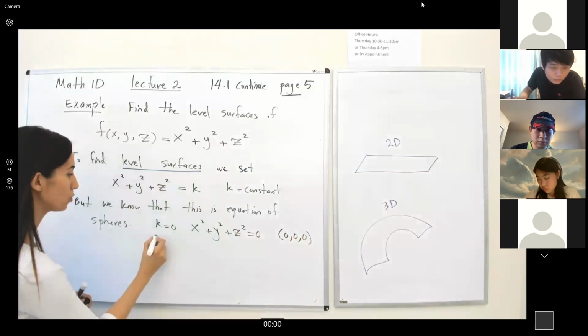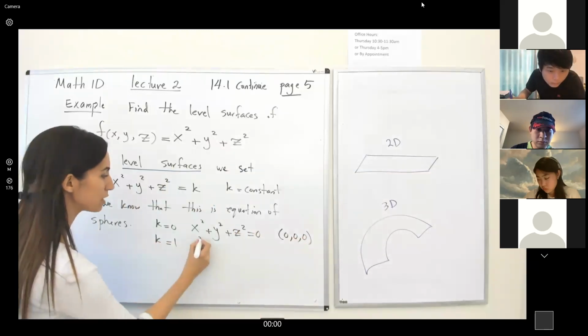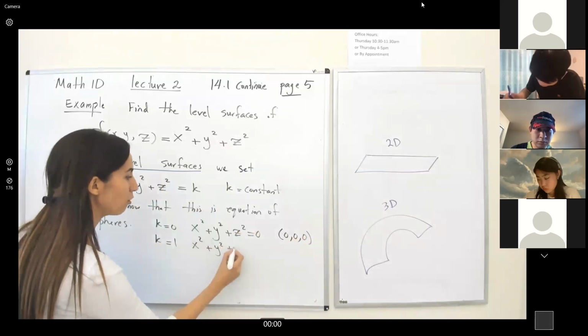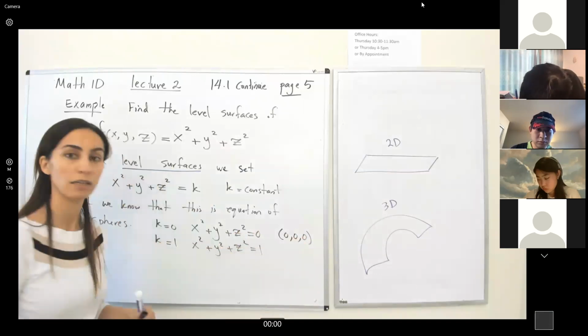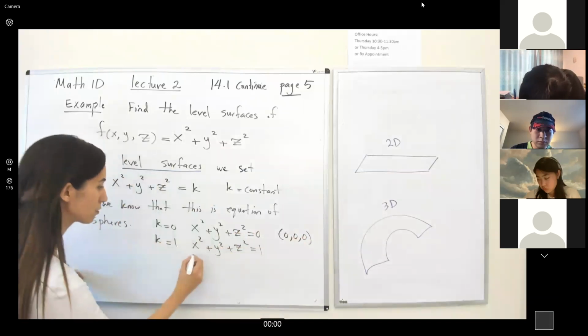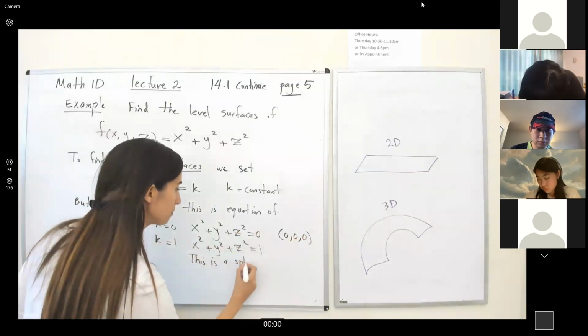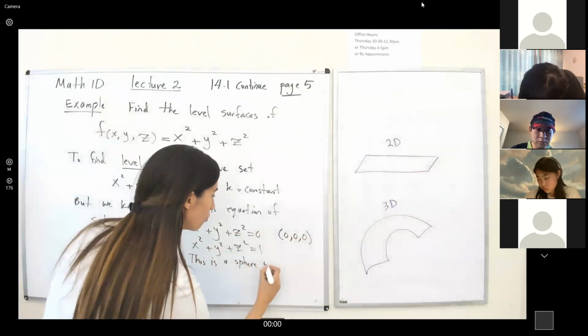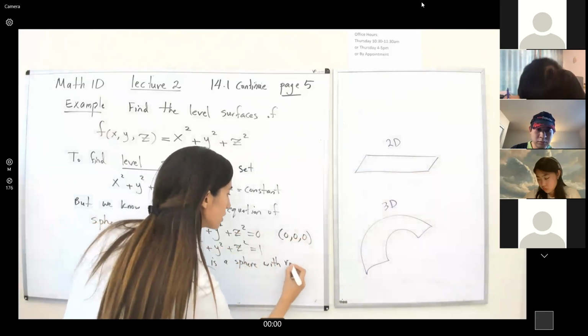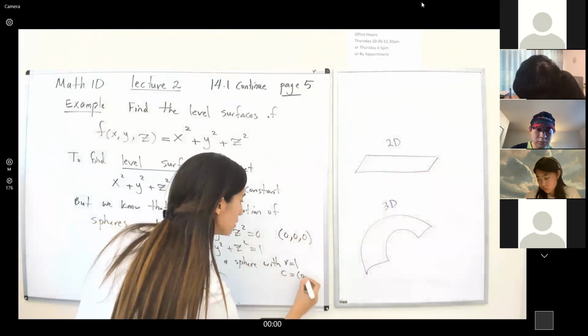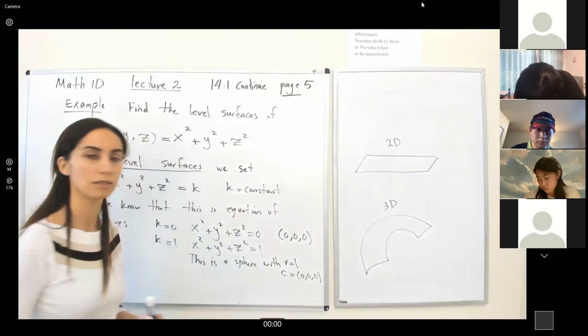If k is equal to 1, then you have a sphere centered at the origin with radius equal to 1. This is a sphere with radius 1 and the center 0, 0, and 0.